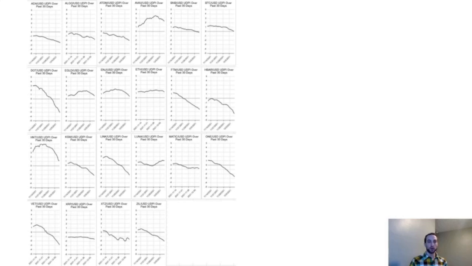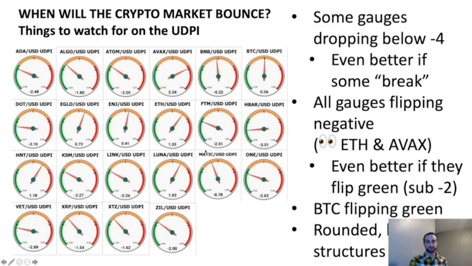If we just see that one starts to turn around and point toward the upside, that could just be an anomaly. Might not mean anything necessarily, but we have all of these assets that have been behaving in similar ways. And if we see them behave in a different similar way and start to round and point toward the upside, that would be a really strong signal, I think, that the market is changing its mood, changing its direction.